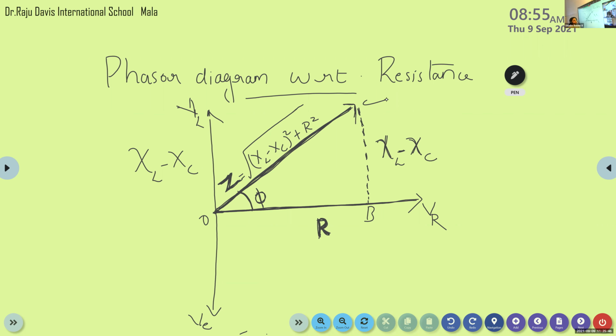Impedance triangle is used to find out or determine the direction of current that flows through the series LCR combination.